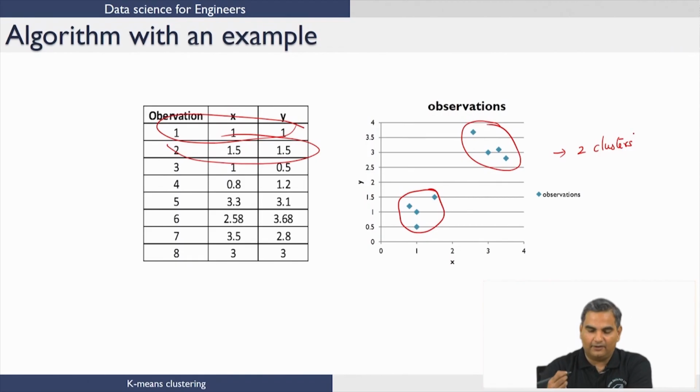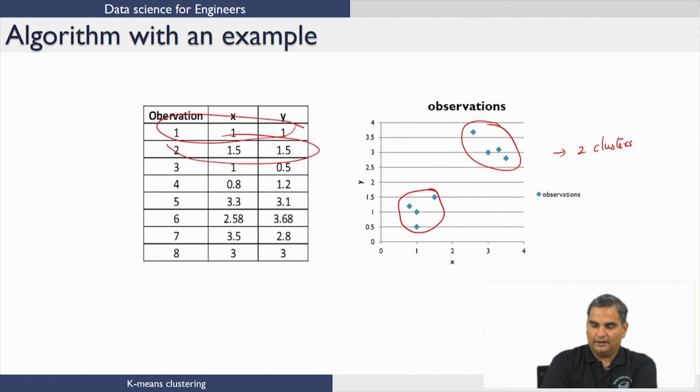So, right at the beginning we have no information, right. We do not know that these all belong to one cluster and all of these data points belong to another cluster. We are just saying there are going to be 2 clusters, that is it. So, how do we find the 2 clusters? Because we have no labels for these and this is an unsupervised algorithm.